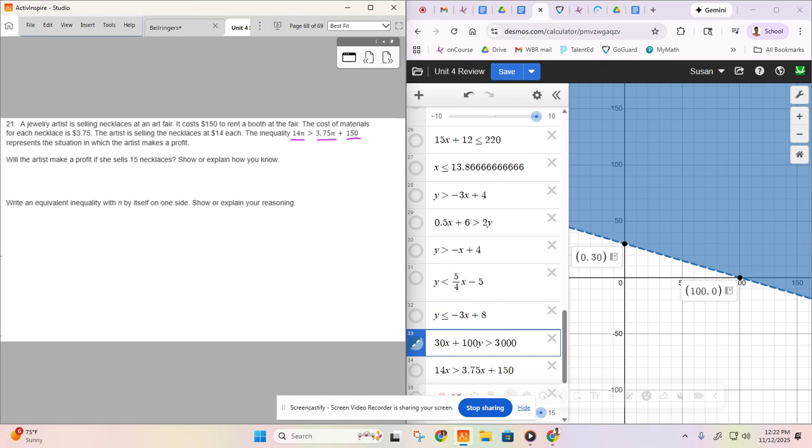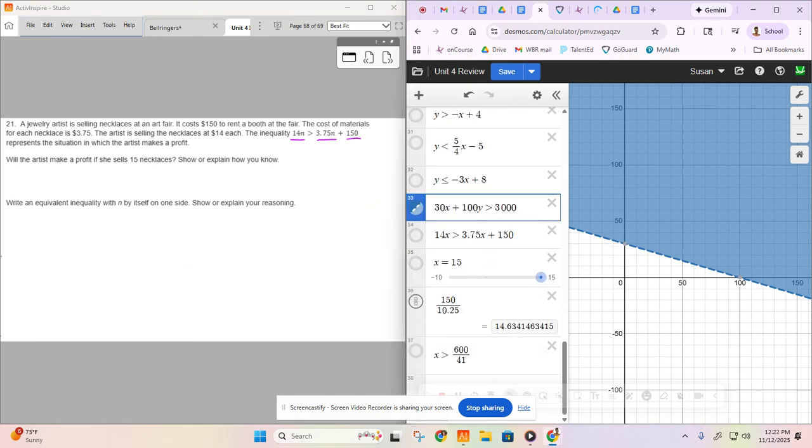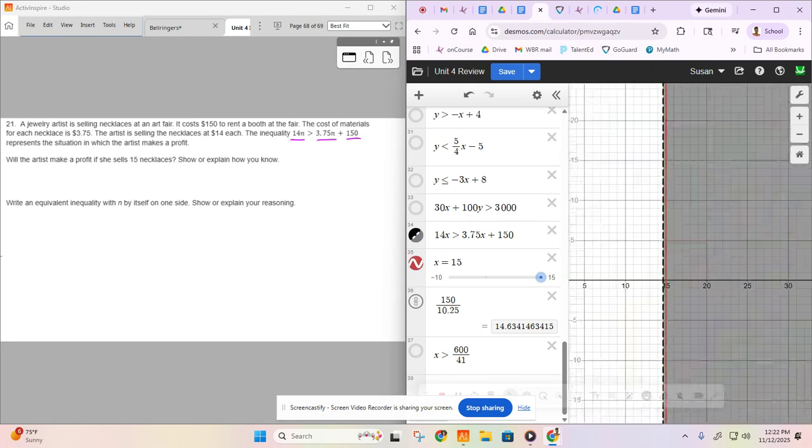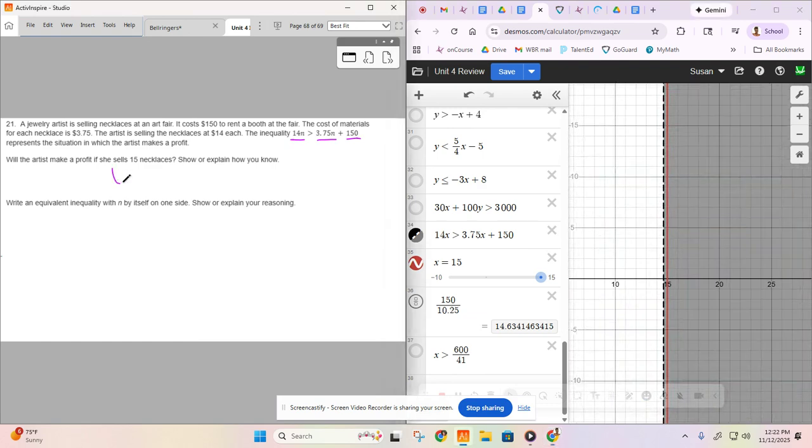Represent this situation. So let me go ahead and graph that one. And then it's asking me if 15 is a solution. Yeah, exactly. I see that it is in the shaded area, so yes. Explain why. Because it's in shaded area on Desmos.